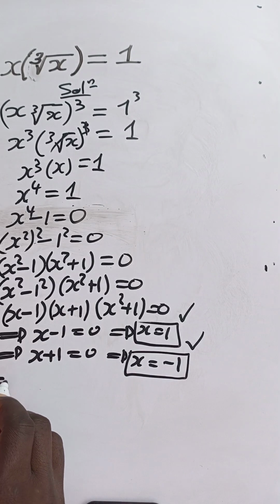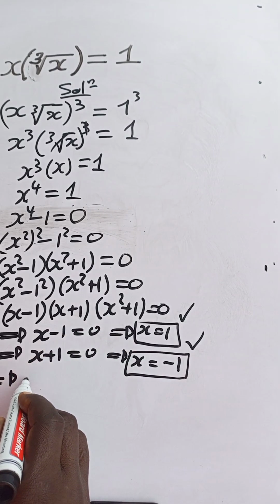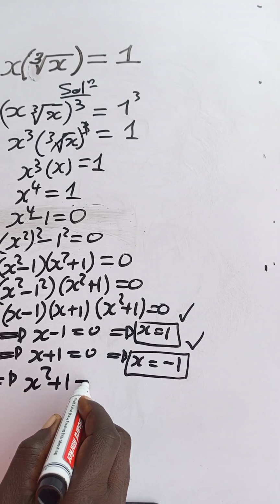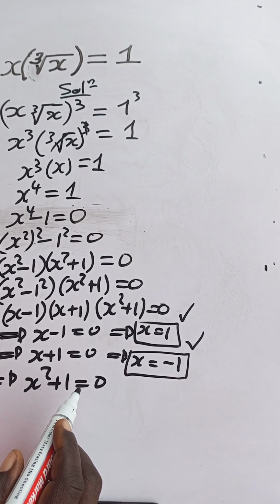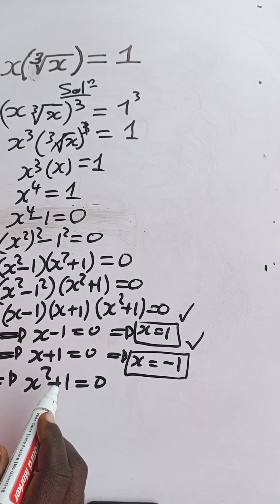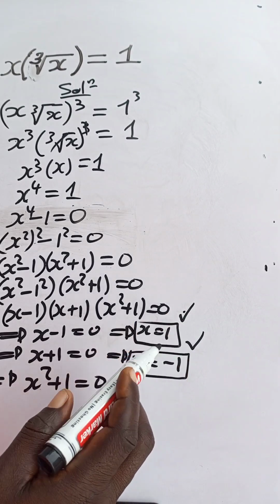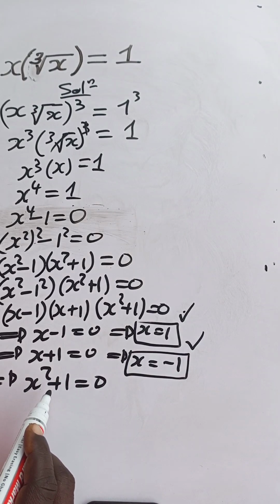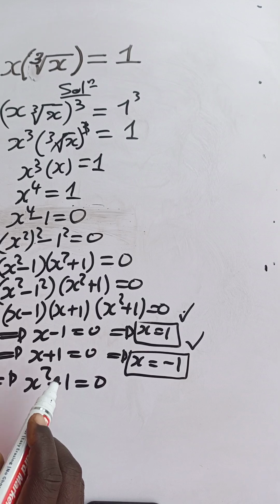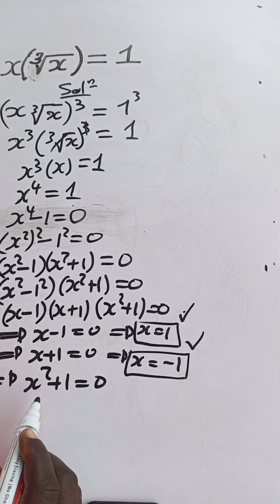Now, it also implies that x squared plus 1 equals 0. This is a quadratic equation. Every quadratic equation must have 2 solutions. We've already had our first 2 solutions, so the remaining 2 solutions, we expect to get when we solve this quadratic equation. All right, let's go ahead and solve this quadratic equation.